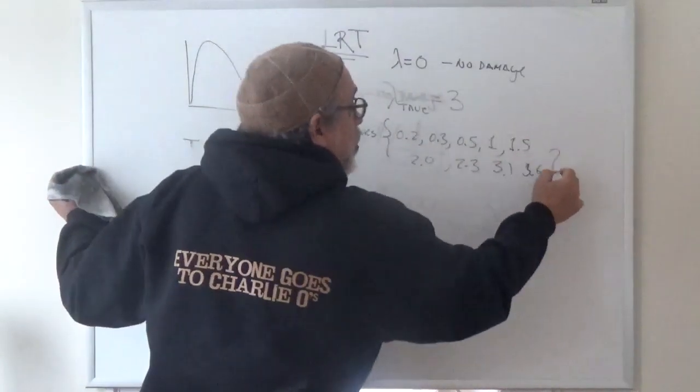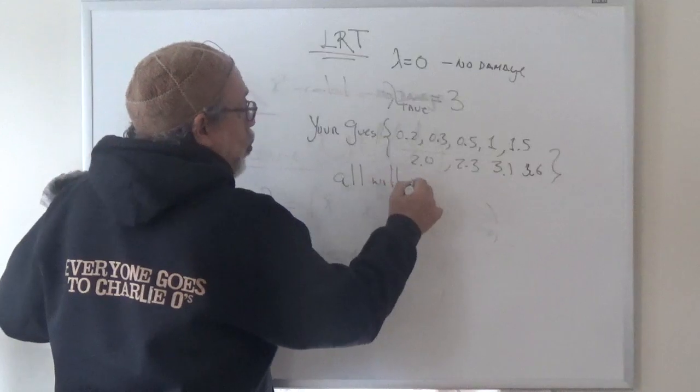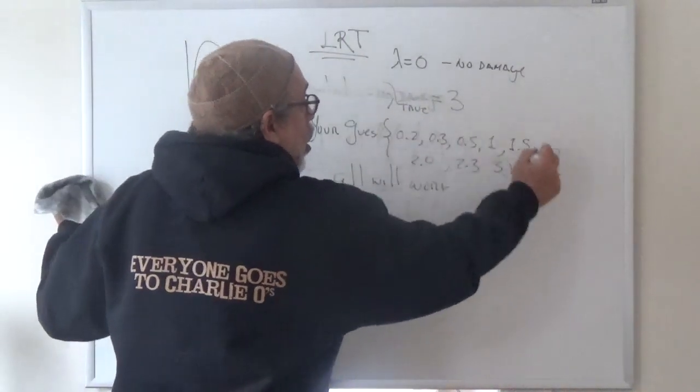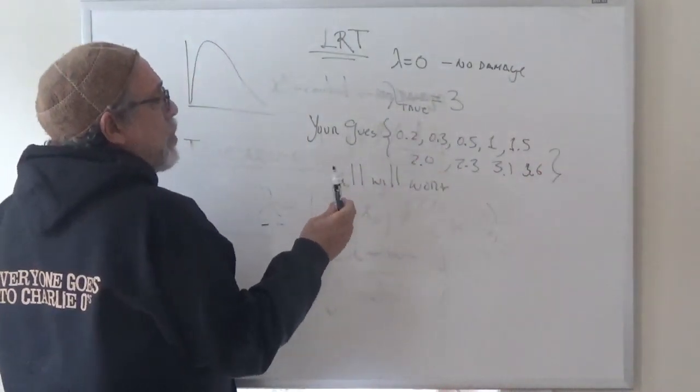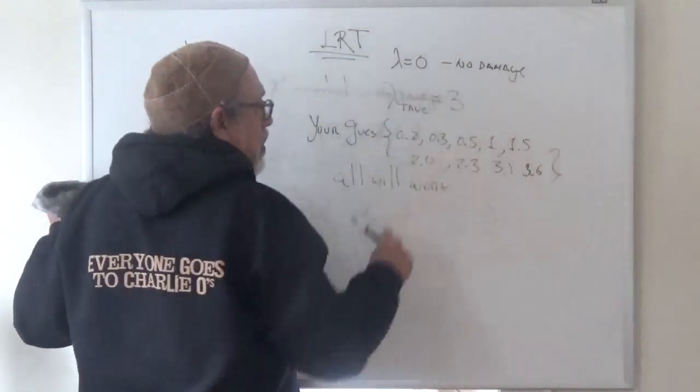All of those are going to work, okay? All will work, because all of these non-centralities are going to show that the data is more likely to come from there than to come from 0.